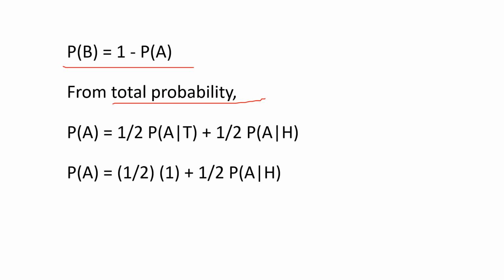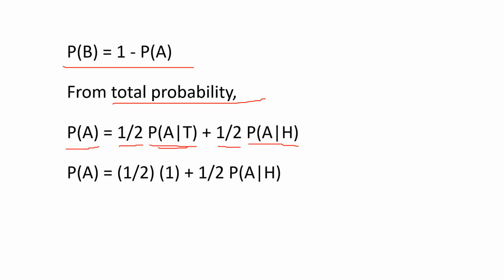From the total probability theorem, we can write the probability of A winning as the probability of A winning given that A tossed tails, multiplied by the probability of tails, that is 1 by 2, plus the probability that A wins given that A tossed heads, multiplied by the probability of heads, that is 1 by 2.